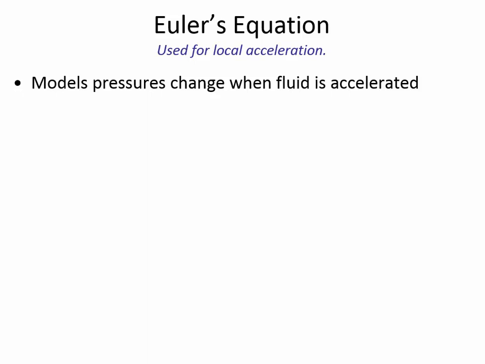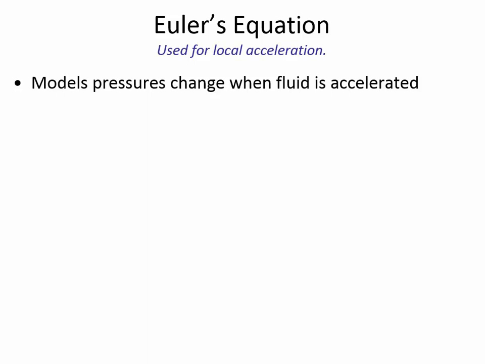Euler's equation is what we're going to use when the acceleration is local. So it's not this nozzle case, because this nozzle case, remember, is a convective acceleration problem. And when you see on an exam or a quiz a certain kind of physical system, you should instantly think, what kind of equation applies here? Like if you see a nozzle, you should think, that's convective acceleration.